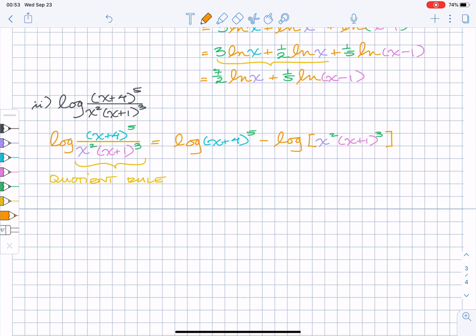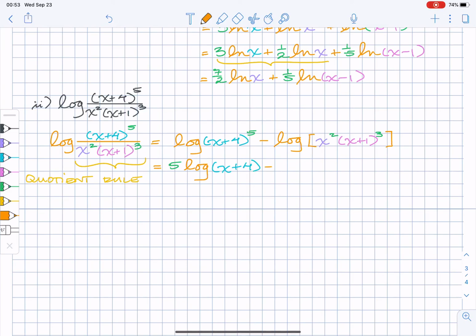Okay, so actually let me move this over so I have more room. Well, I can use the power rule to bring the 5 down in front. Log of x plus 4.